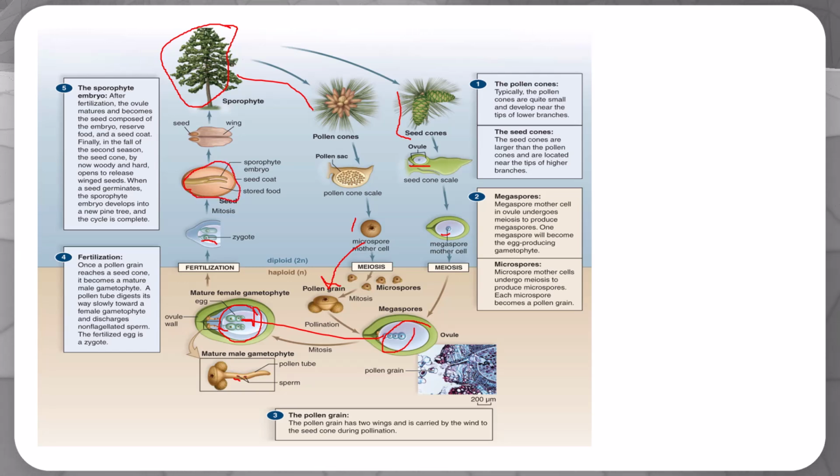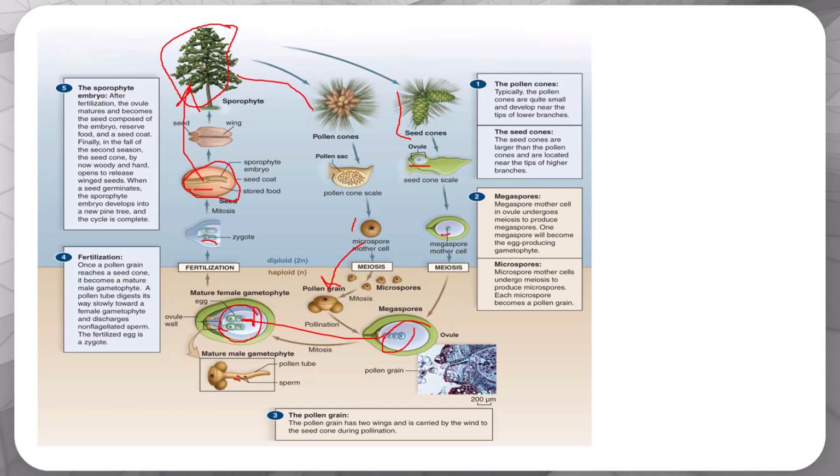And if the seed makes it to the right conditions, then inside the seed there's this embryo, and this embryo grows up to become the mature sporophyte generation. So that's our alternation of generations in the conifer, which is a gymnosperm.